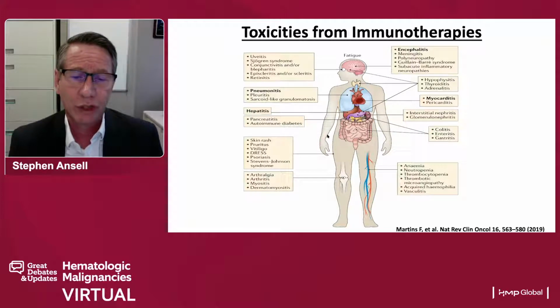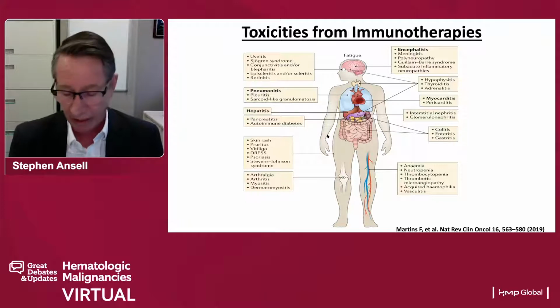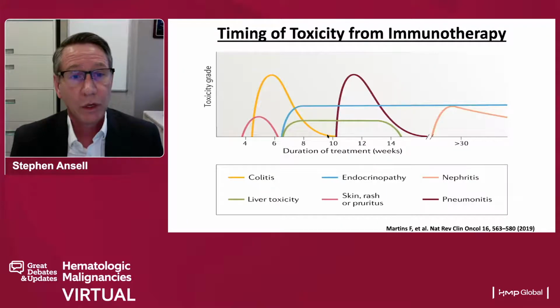But I think as we've learned over time, virtually any organ can be affected. Timing of when this happens also differs, and I think this is important as we think about exactly how to identify toxicities. You can see that many times skin and bowel and liver are often early, and then pneumonitis, nephritis, and endocrinopathies are later.